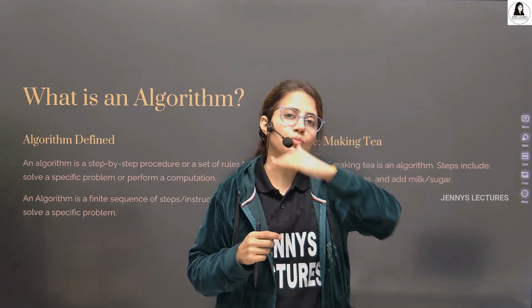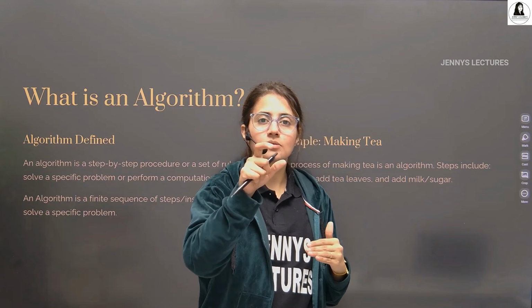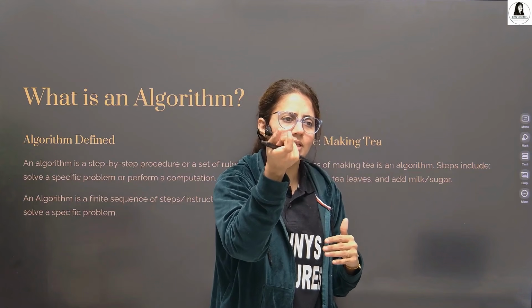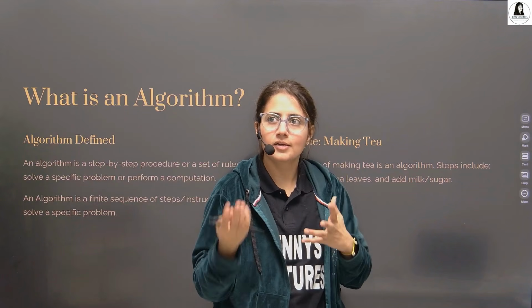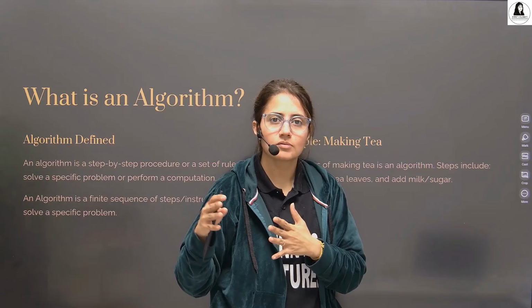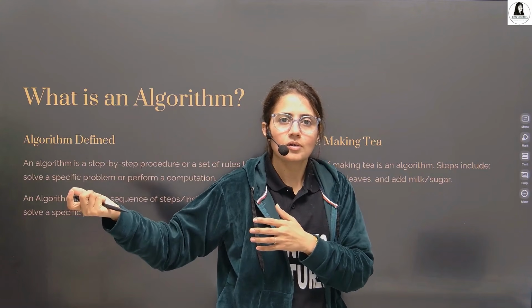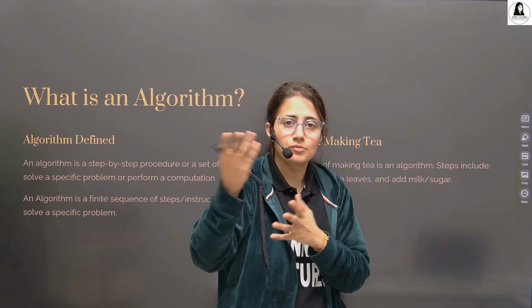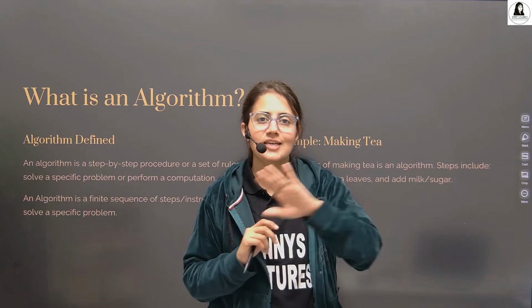If you are going to make tea, it's not like you first put sugar, then milk, then tea leaves, then water, and at last maybe switch on the gas. Maybe sometimes you can do that also, and ultimately you will get tea, but that's a different case.